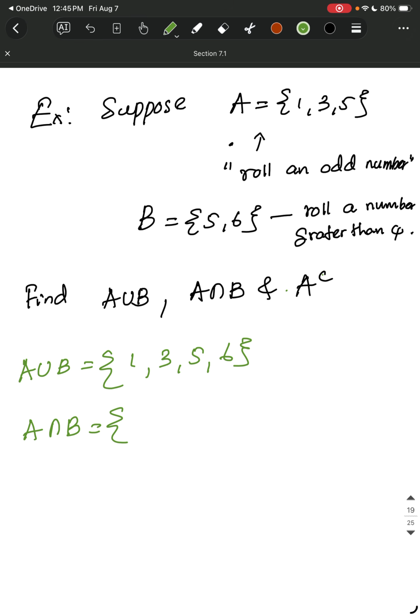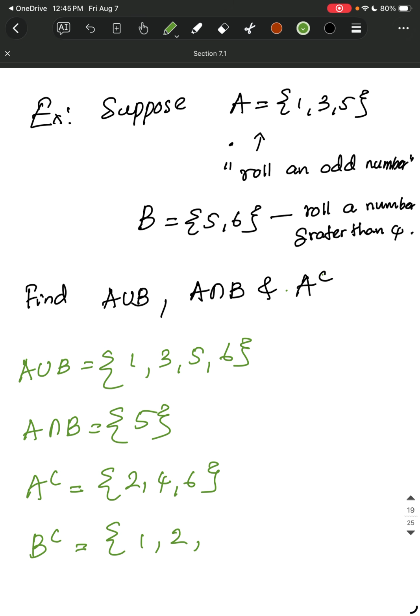Only 5 appears in both. A complement is {2, 4, 6}, and B complement is {1, 2, 3, 4}.